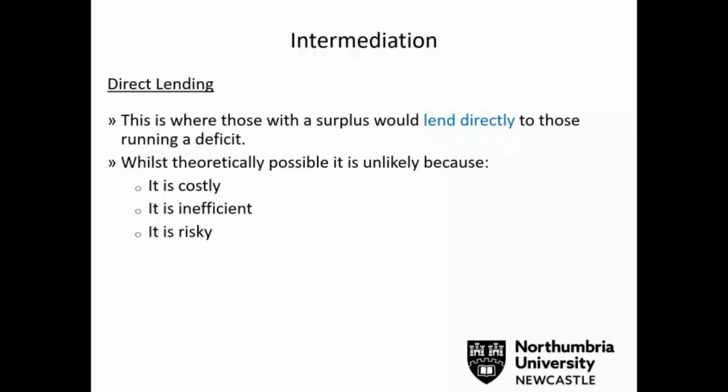Quite frankly, if you lend money directly to someone, you run the risk of that not being returned. So there could be a lot of credit risk involved. You'll have to do all the background checking of their credit risk and their trust that you'll get the money back. So these are all the downsides from direct lending, that it's too inefficient, costly an exercise, and will you actually get the money back in the first place?